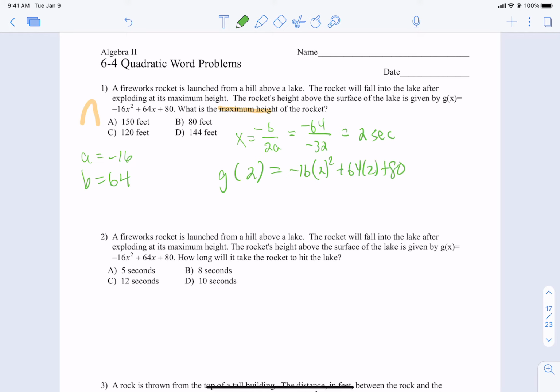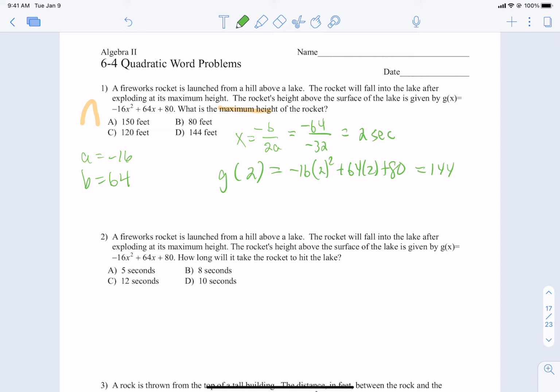Now please follow your order of operations. So it's going to be negative 16 times 4 plus 64 times 2 plus 80. Following order of operations, you have to square this before you multiply by negative 16. And we get a height of 144.